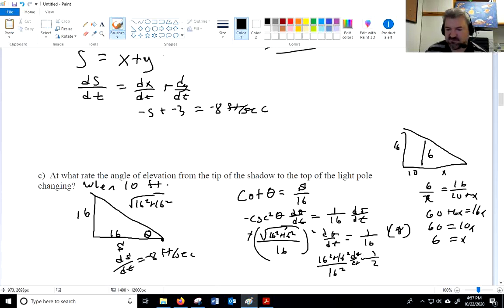So agree with me, this is 2 times 16 squared over 16 squared, so that's just 2. So d theta dt must equal 1. 1 radian per second. And there we have it.